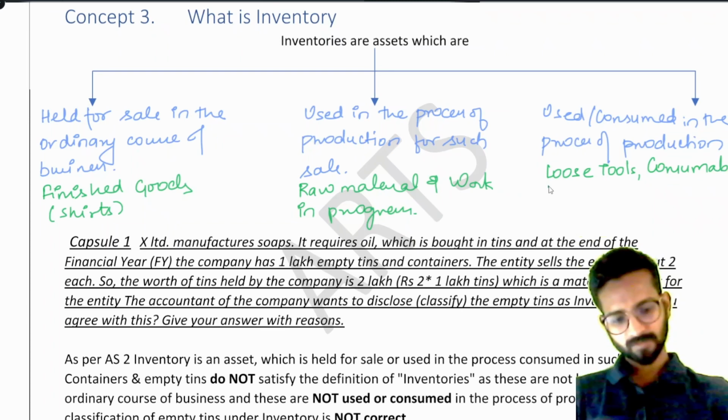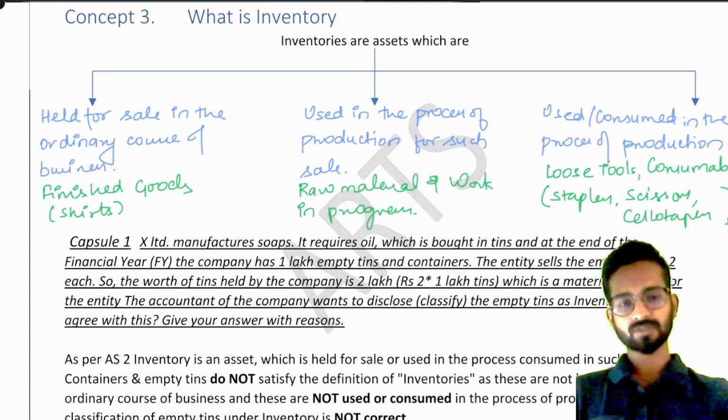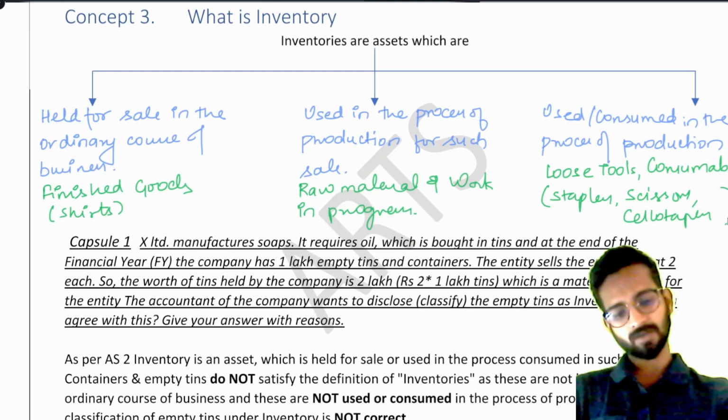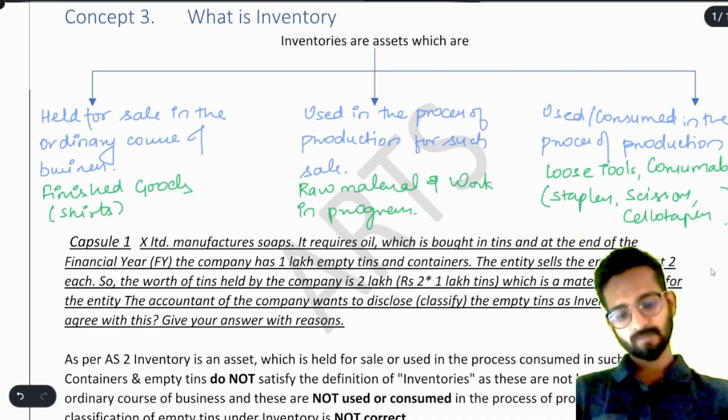What were they? We know that staplers will be used, scissors, you can say sellotapes, and all those things we can use. Understood? Now everything will be appearing under inventories. Where do we write inventory? In the current asset in the balance sheet.